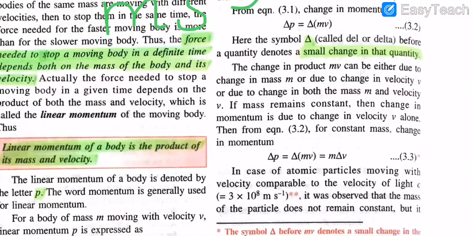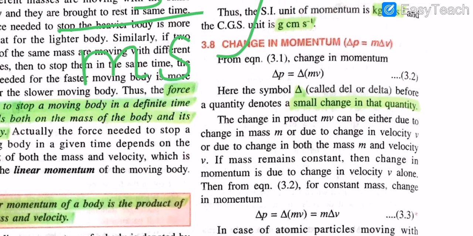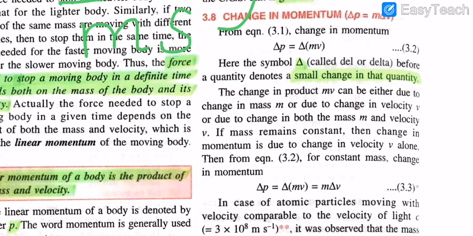So in easier words, what they're trying to say is whenever the linear momentum changes, we use the sign like a triangle, which is called delta or del. So this small sign is used for a change in velocity or mass, and as a whole, a change in the linear momentum, that is P equals mv.